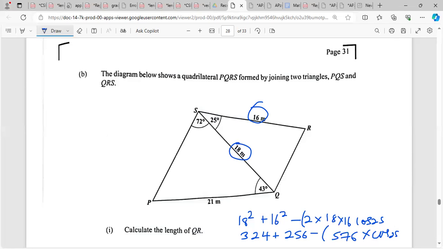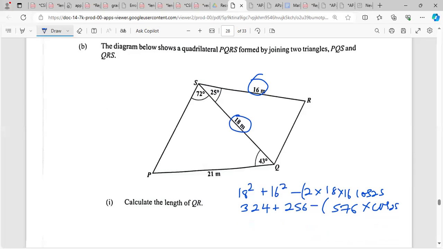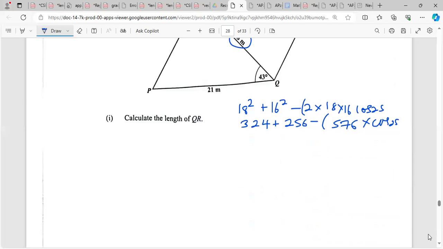Alright, let me go online. Let's say cos 25 gives 0.9063077 and some other numbers. I just times it by 576 and see what it gives me. 522.